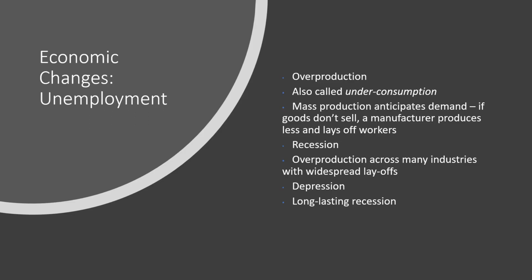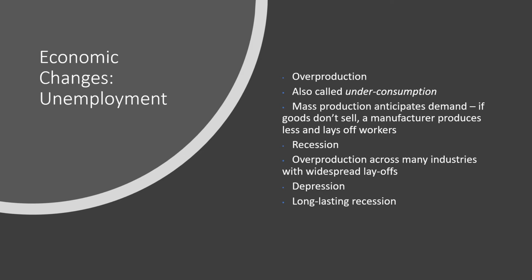By also the economic changes, there was unemployment. There was overproduction or underconsumption. Mass production was all about anticipating the demand. And if the goods don't sell, the manufacturer will have to lay off workers as it produces less of that item, which sometimes can lead to a recession.